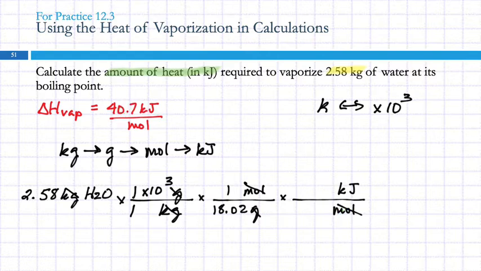We don't have a chemical equation here given to us, but we understand what the heat of vaporization is. So 40.7 kilojoules per mole.